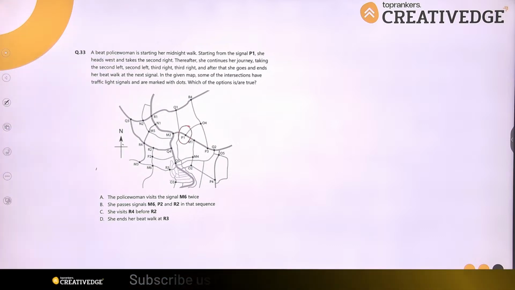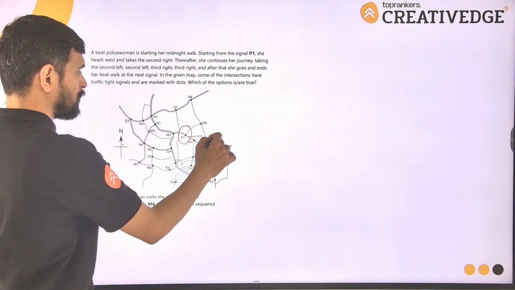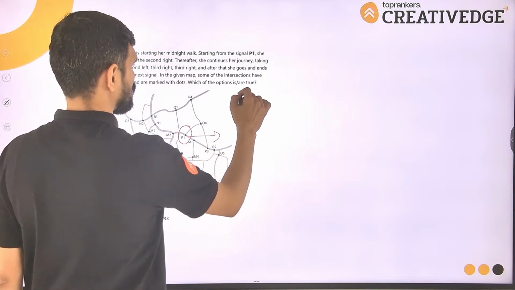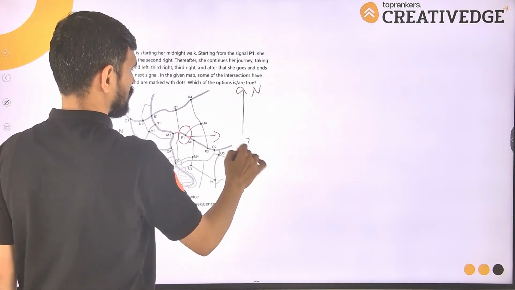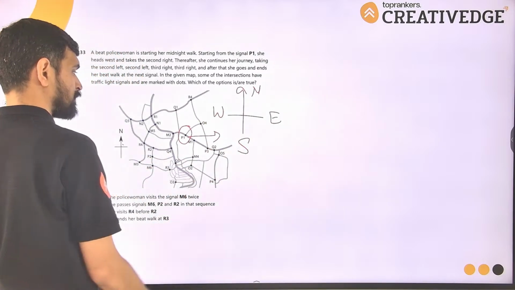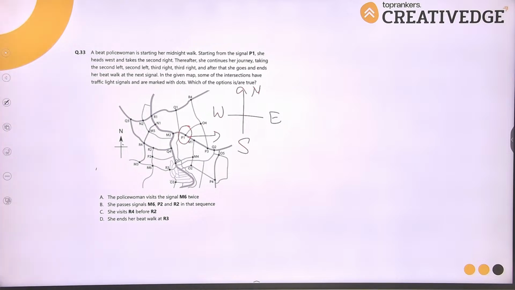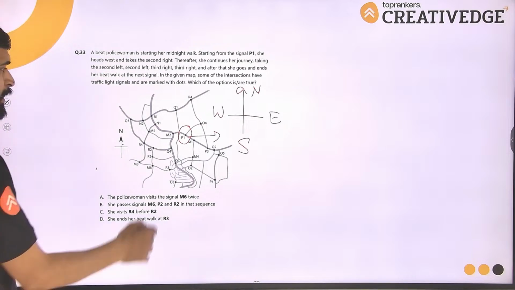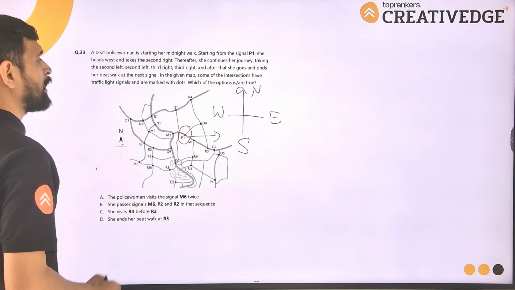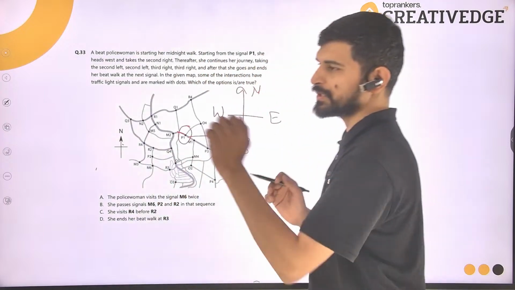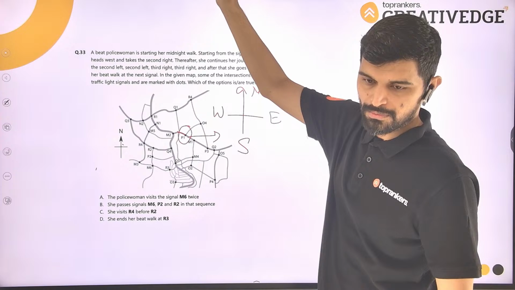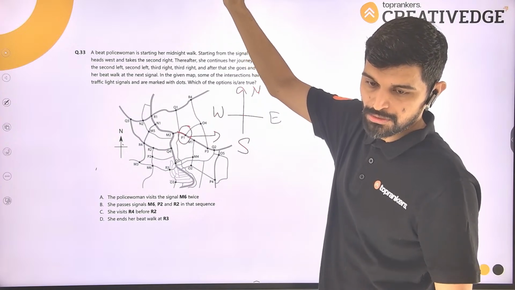So based on that, facing north, turning right. Okay, this is north, so the opposite has to be south. Clockwise, if we go, this one will be east and this one will be west. So she heads west. West की तरफ चलते हैं. And if she is moving towards west, her right will be towards north. Fine. Her right will be towards north.